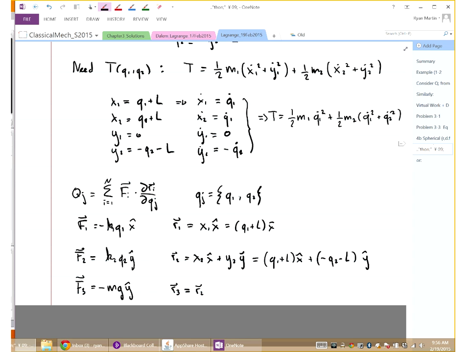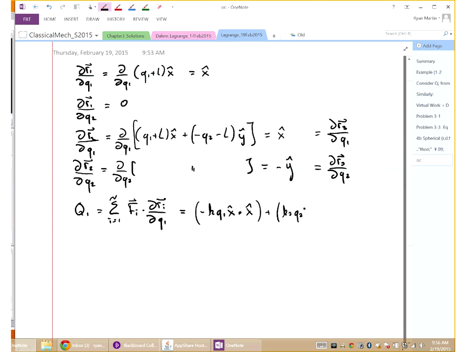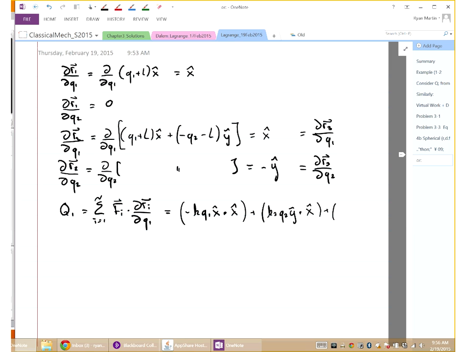Plus F2. F2 is K2Q2 y hat. And that's got to be dotted with ∂R2/∂Q1. So ∂R2/∂Q1 is x hat. So that's going to be 0. And then the last term is F3.